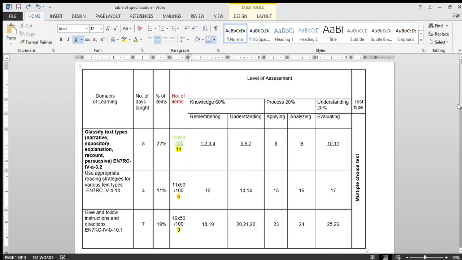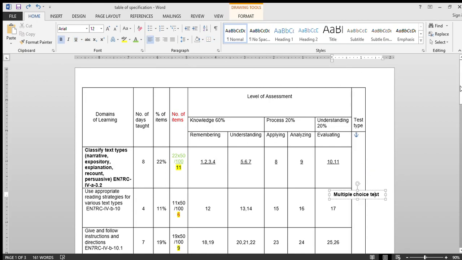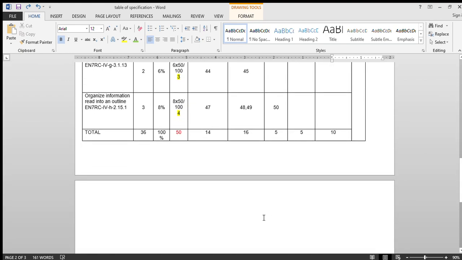Okay, for you to have a guide, I will put the formula on how to get the number of items. I guess I need to put this one at the bottom.